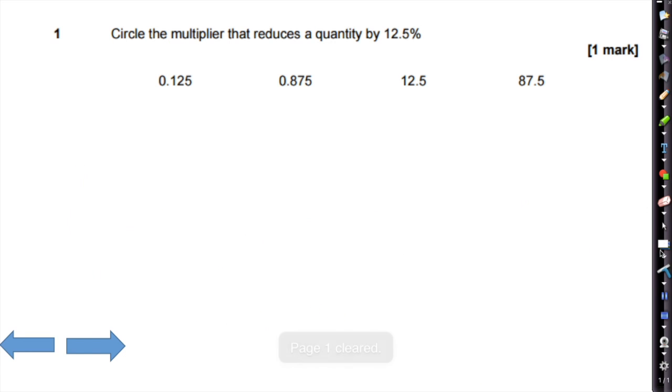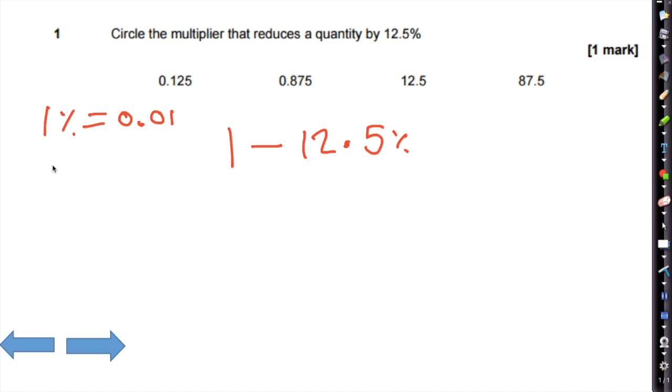So if we want to reduce a quantity by 12.5%, we're going to multiply it by 1 take away 12.5%. Remember what we said before, that 1% was 0.01, 10% was 0.1.